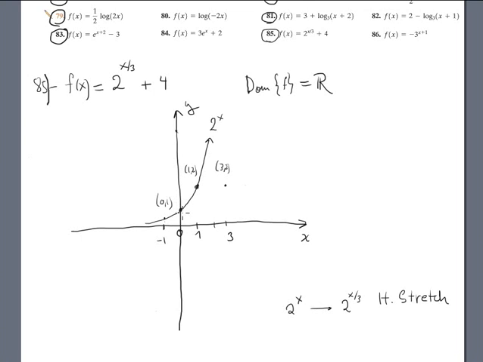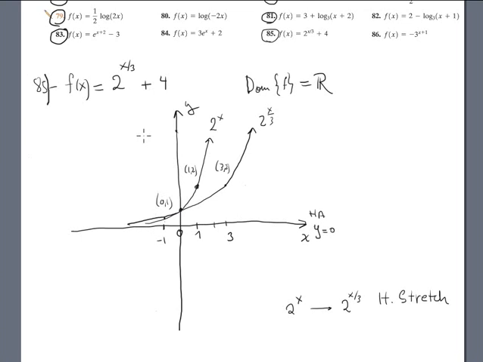And this stays the same, and this of course changes a little bit like that. And of course, the horizontal asymptote is the same, doesn't change.